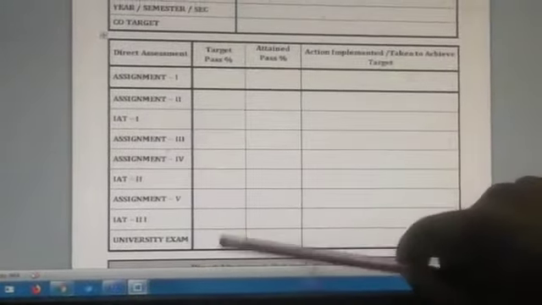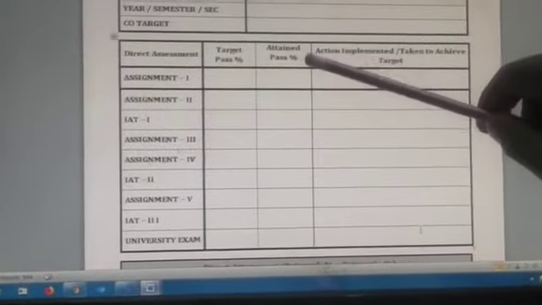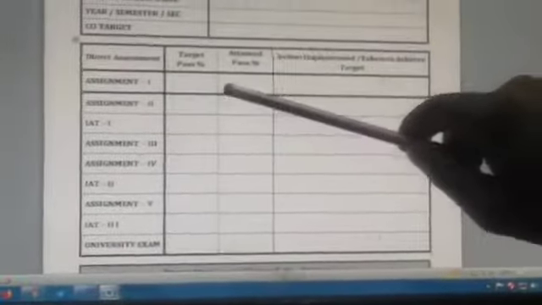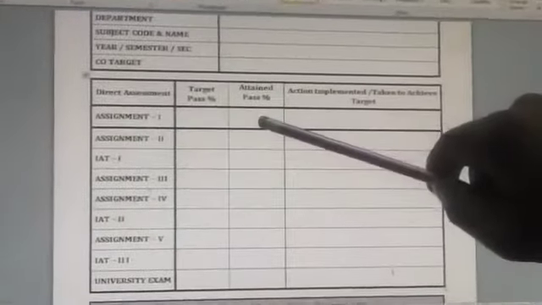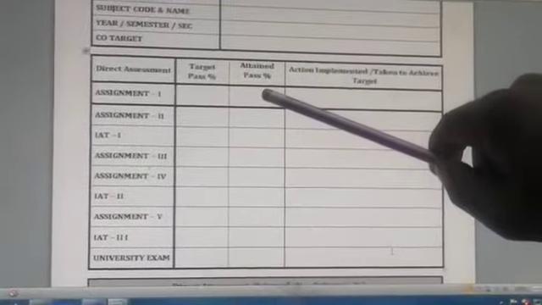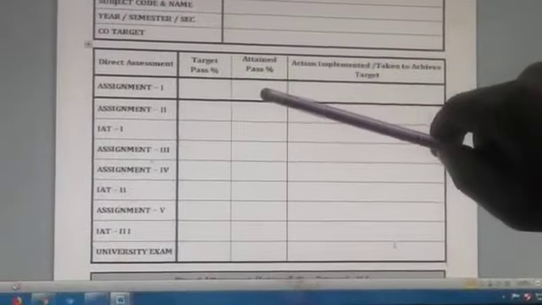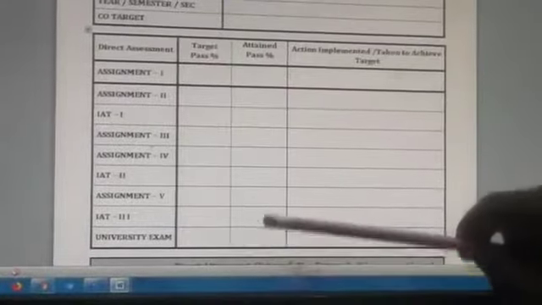Internal examinations, it is D. And similarly, percentage of target attained. Target fixed is 70%. So target attained is equal to the number of the students who have written the assignment divided by the total number of the students in a class.